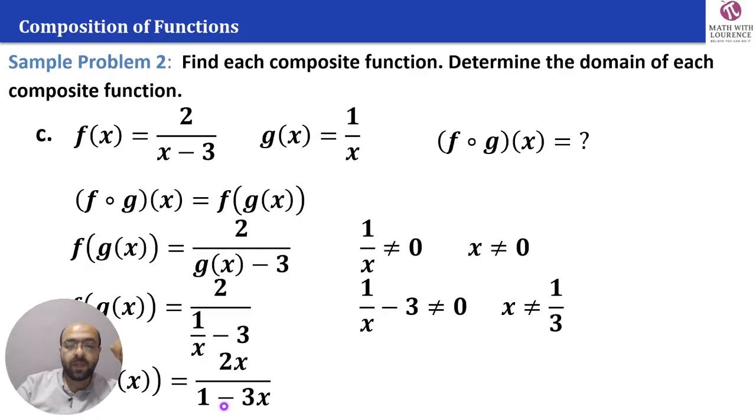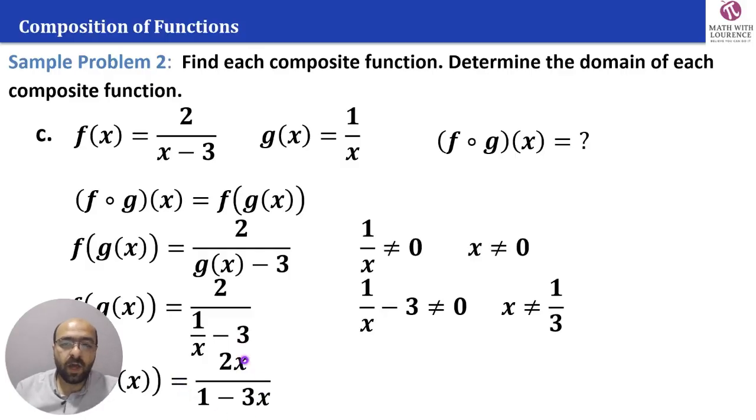So 2x over 1 minus 3x. That's it. Do I have to do another thing? No, you just compose it. We substitute g of x, make the same denominator, and move x to the numerator.